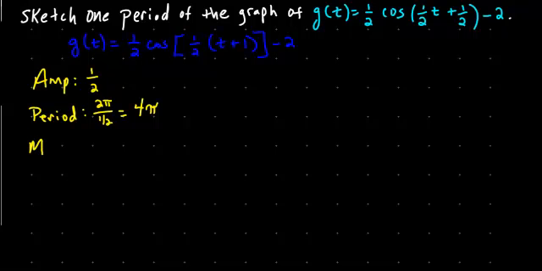And then I like to do my magic number. A magic number, I take the 4 pi, I always take the period and divide by 4. That equals pi.